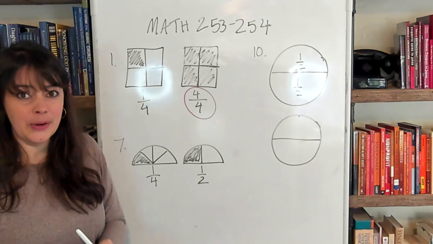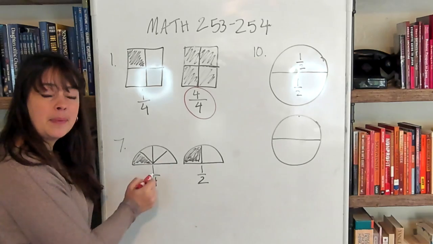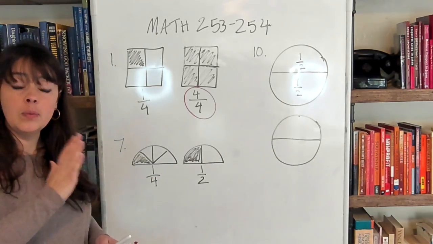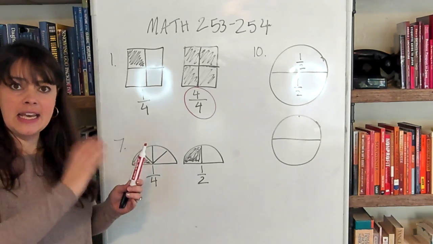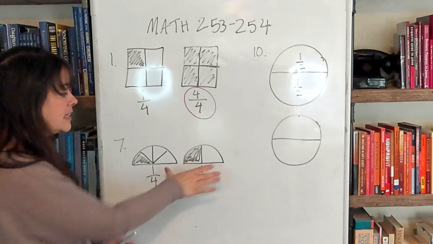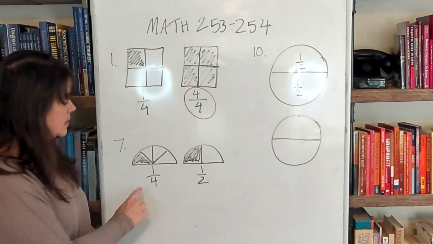That is smaller, okay? Now, it's the same shape, but it's divided into different types of fractions. When a shape is partitioned into parts, they need to be equal parts, okay? So this is the same shape, but you can tell it's partitioned into different sizes, right?